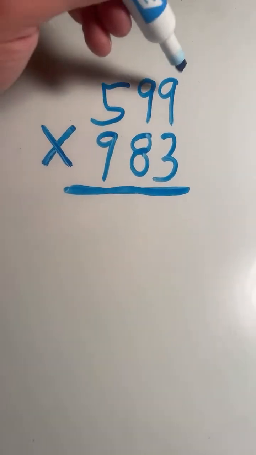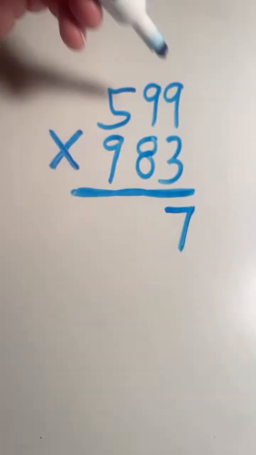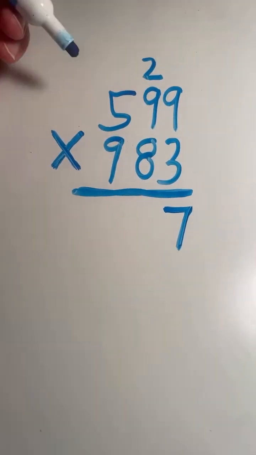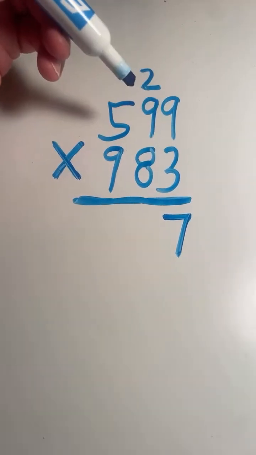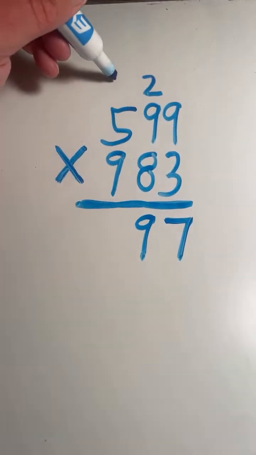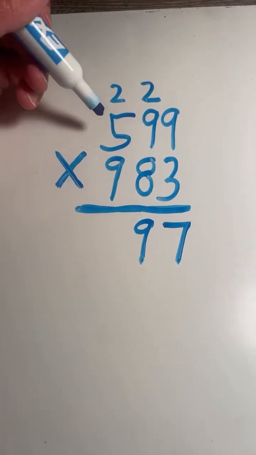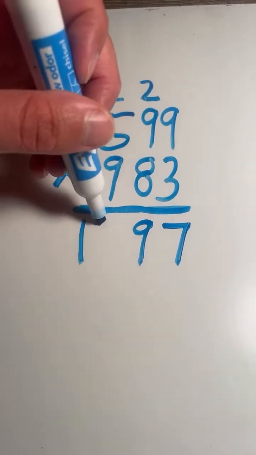So we start in the ones place. 9 times 3 equals 27. 7, carry the 2. 9 times 3 again equals 27, plus 2 equals 29. 9, carry the 2. 5 times 3 equals 15, plus 2 equals 17.